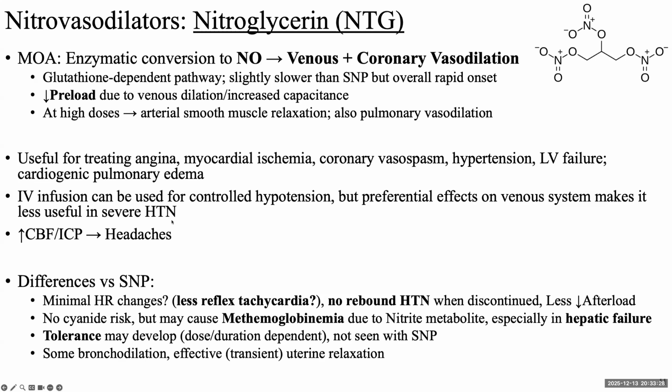We have better agents that will act more on the arterial side, which we'll talk about later, besides SNP. Another caveat to nitro is, just like SNP, it'll increase your cerebral blood flow and your ICP, and might cause headaches. Definitely want to take caution in patients who are already at risk of high ICP, like brain tumors and whatever.